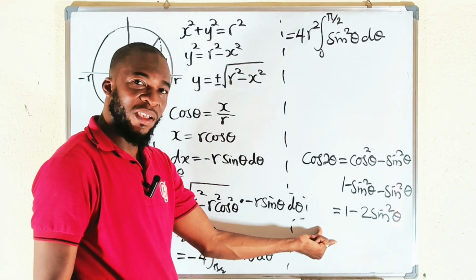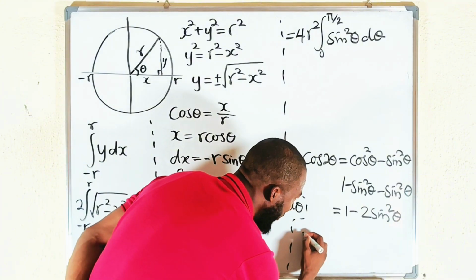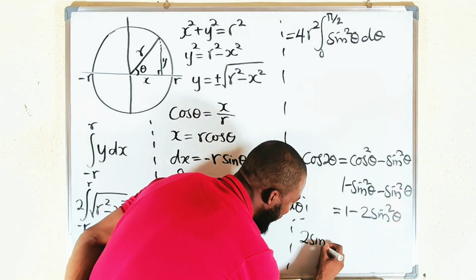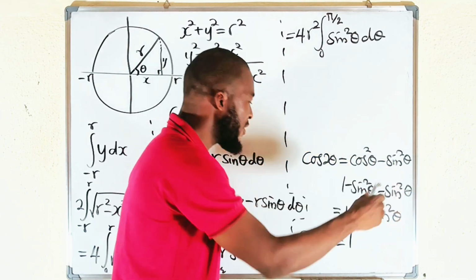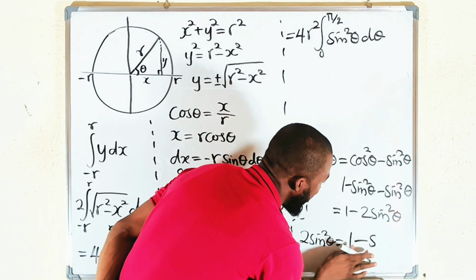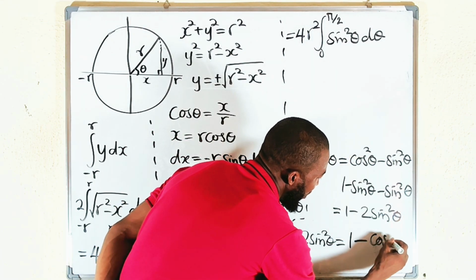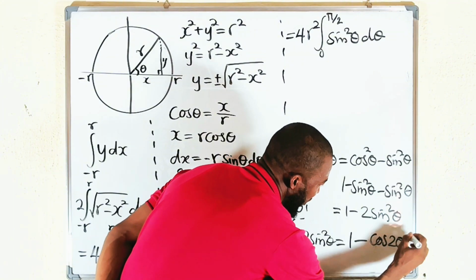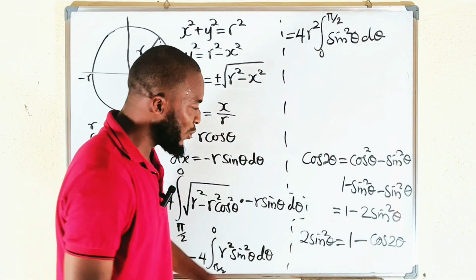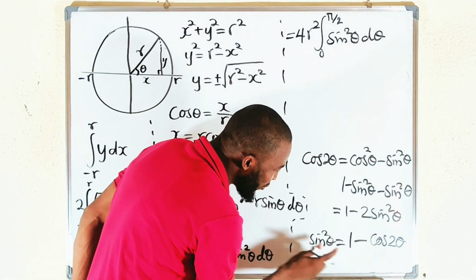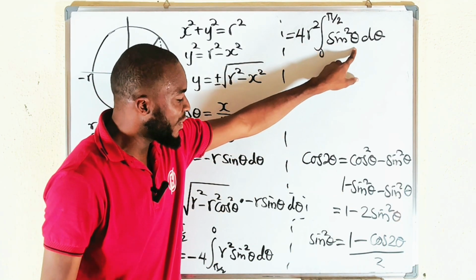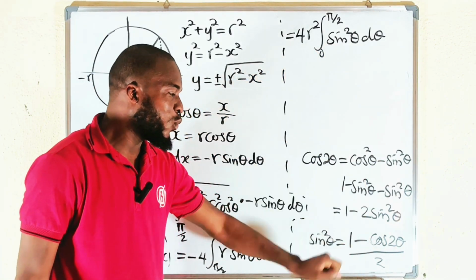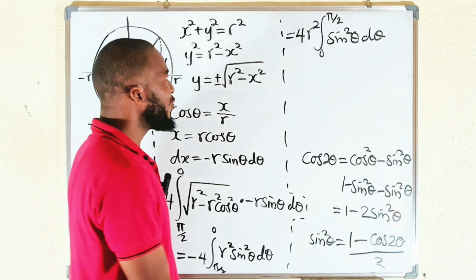That is negative 2 sine squared theta, which is going to make it positive 2 sine squared theta equal to 1 minus cosine 2 theta. Then you divide both sides by 2. So instead of sine squared theta, you can now replace it with 1 minus cos 2 theta divided by 2.